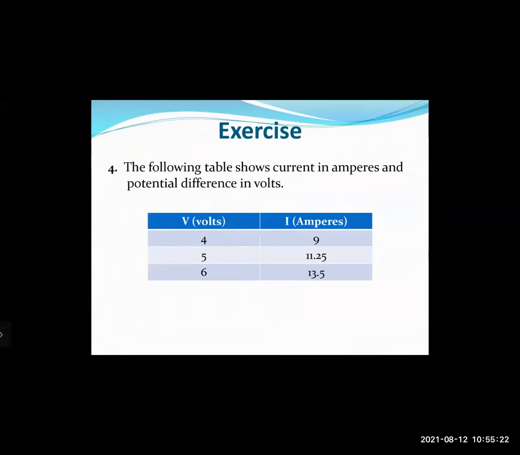When the potential difference is 4 volts, the current is 9 amperes. In the second case, when the potential difference is 5 volts, the current is 11.25 amperes. And when the potential difference is 6 volts, the current flowing is 13.5 amperes. So we have to make use of this data and solve the questions.